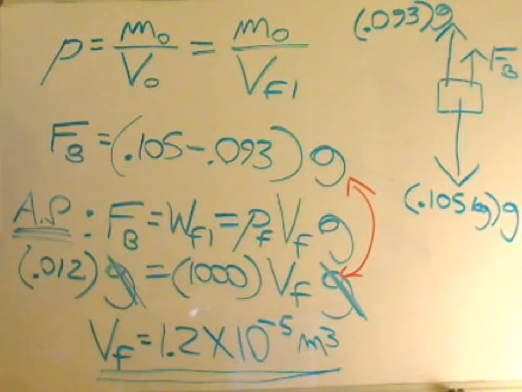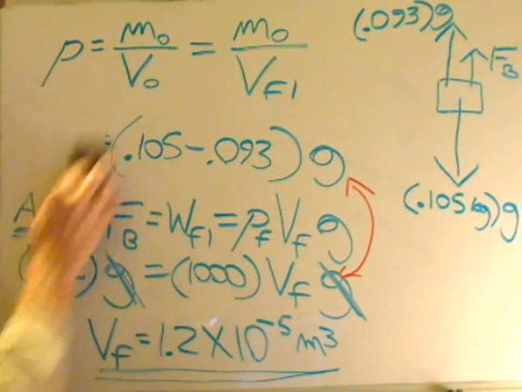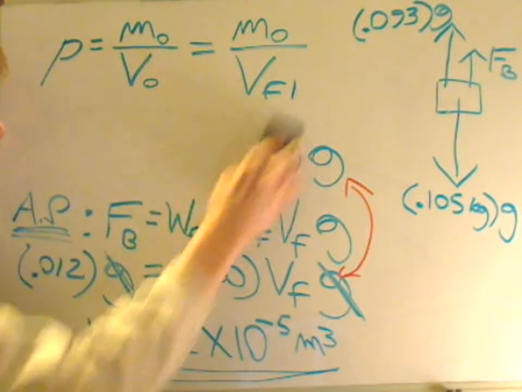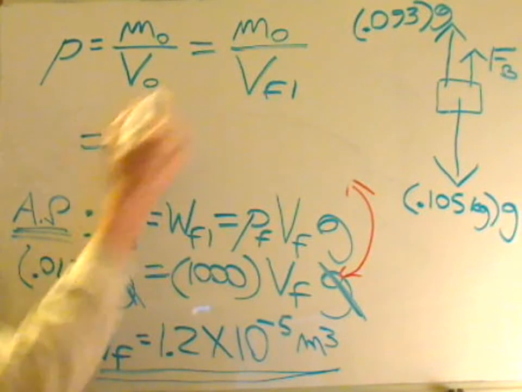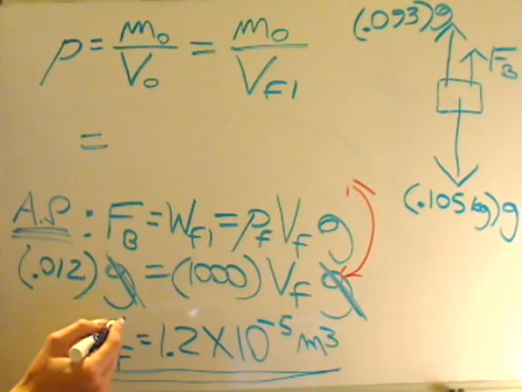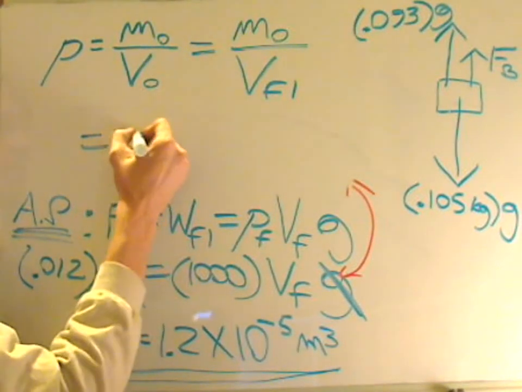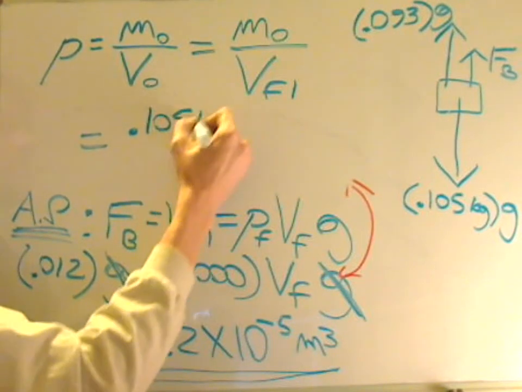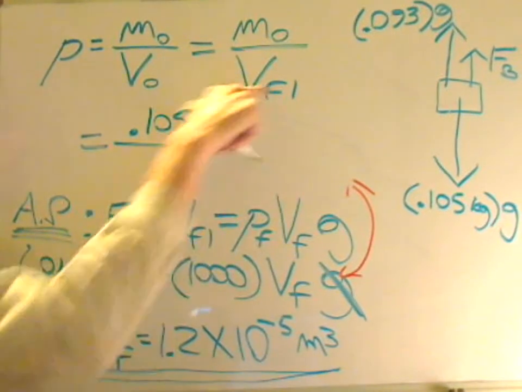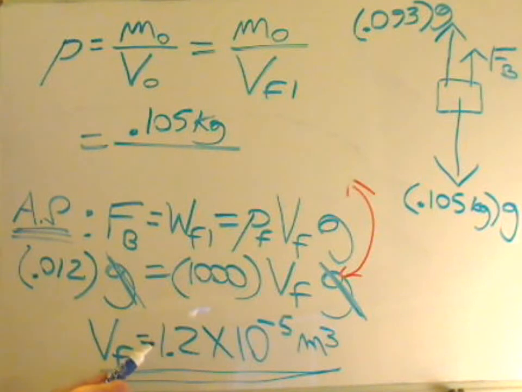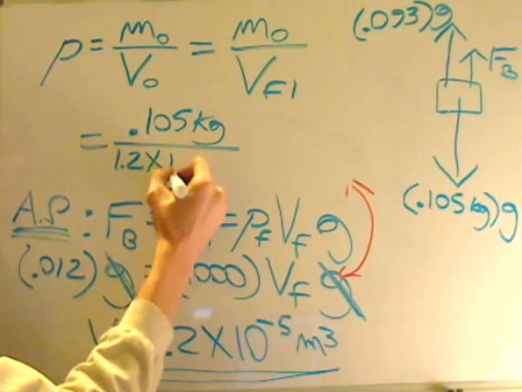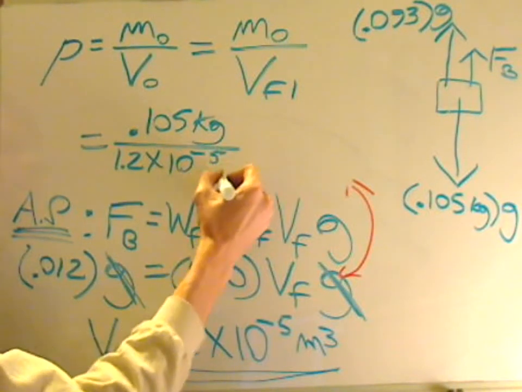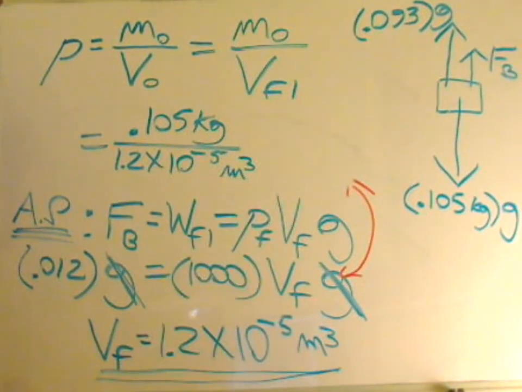Now we can go back up to our density here, and I'm going to erase this. And the density is the mass of our object, which is 0.105 kilograms, divided by the volume of the fluid displaced, which was this, 1.2 times 10 to the minus 5 cubic meters.